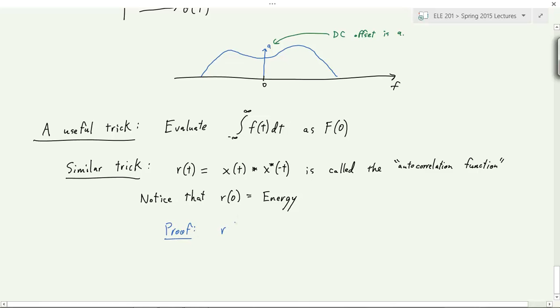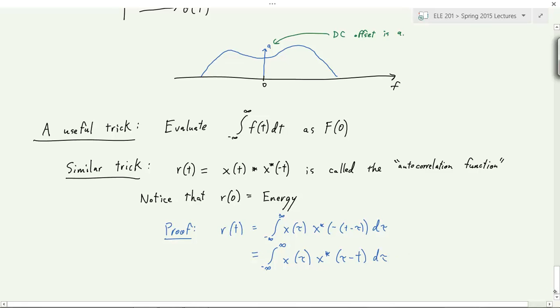So the definition of R of t is this convolution, which we would write like this: the integral of x of tau, x conjugate of negative t minus tau. And a little bit of simplifying says that that's the integral of x of tau, x conjugate of tau minus t.